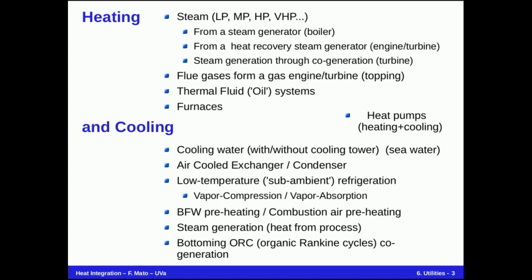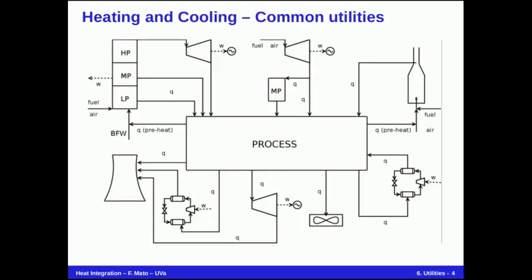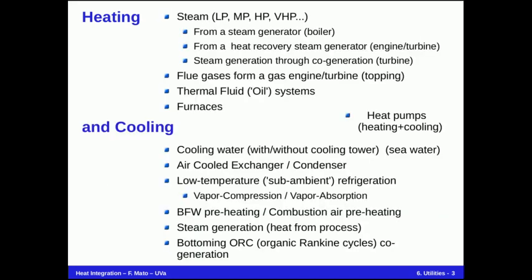Finally, for high inputs of energy and high levels of temperature, you can use furnaces, where you can use the heat directly from radiation or from the flue gases from convection, and you can take heat that is cooling to preheat the air and with fuel produce the combustion, using the radiating part of it and the convecting part of it.